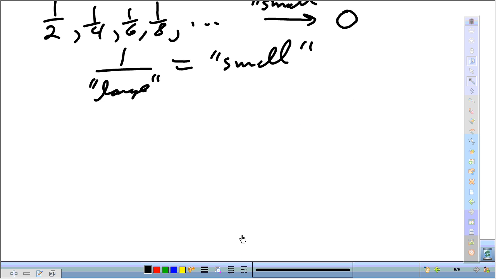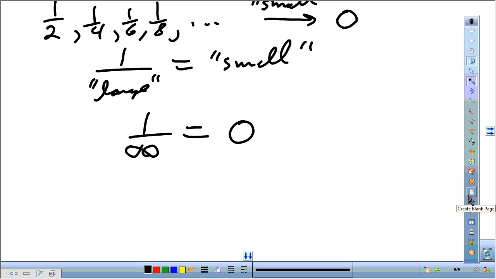And so as a basic symbolic arithmetic, 1 over infinity should come out to 0. So the reciprocal of infinity is 0. Now, that may make us ponder that then, if I do the reciprocal of 0, I should get infinity. Which is almost true, but we have to look at that carefully.